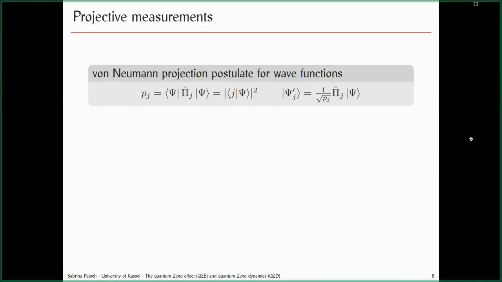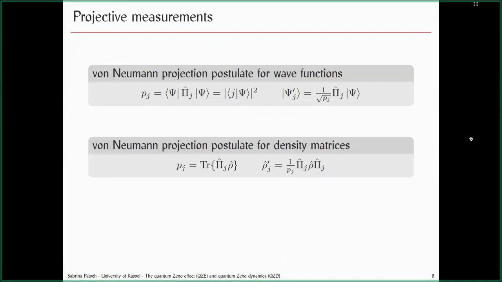We can also do that a bit more generally and go to density matrices. It looks exactly the same. Here the probabilities are not given by the expectation value as before, but by the trace of the projection operator and the density matrix. And on the right-hand side, the post-measurement state is given with the projection operator on the left and right, because that's how density matrices are defined.